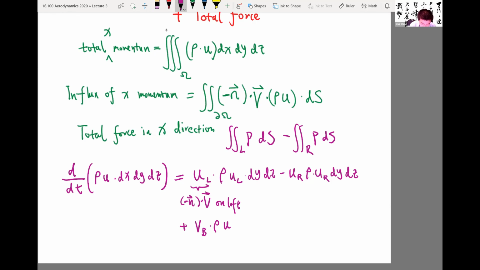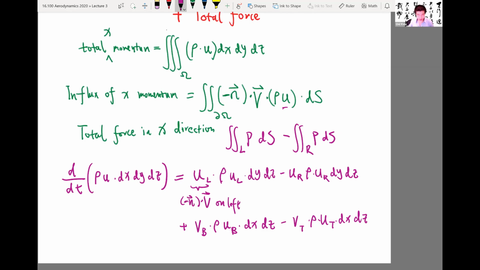Because we are considering this, we're just copying the u here. ub times dx dz, and minus v at the top times rho u at the top dx dz. So that is the four terms corresponding to the four sides of this rectangle, which constitute the influx of x momentum.